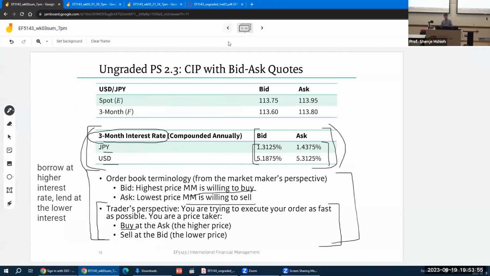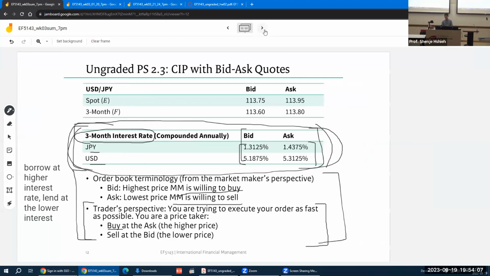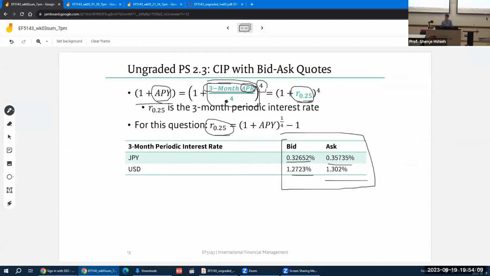All right, so just to recap a little bit, you're given these quotes, which are annualized, and I want to convert them to periodic 3-month returns, which I can, realizing that there's an equivalency between annualized return and compounding quarterly, and all we have to do is solve for this term here, and you'll get the periodic return for 3 months. Okay? And just realize that there's 4 quarters in a year.